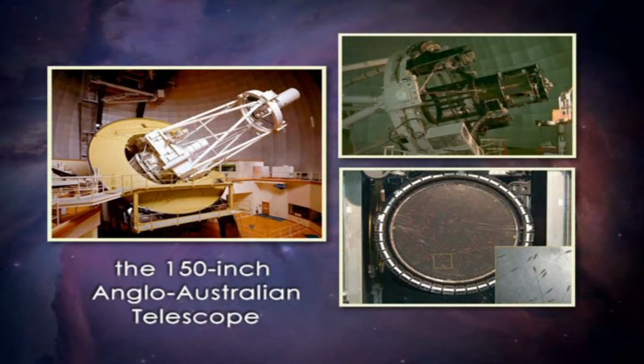Not surprisingly, they've used bigger telescopes and also spectrographs that use optical fibers to record spectra of several hundred galaxies at one time. One team used the 150-inch Anglo-Australian telescope and its 400-fiber spectrograph to measure over 200,000 galaxy redshifts.